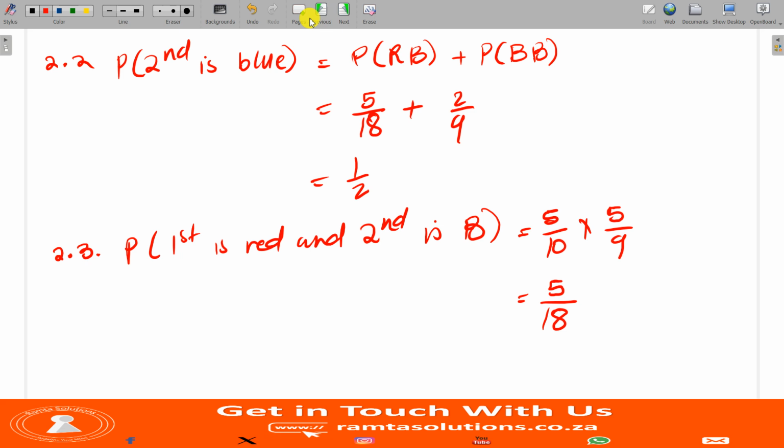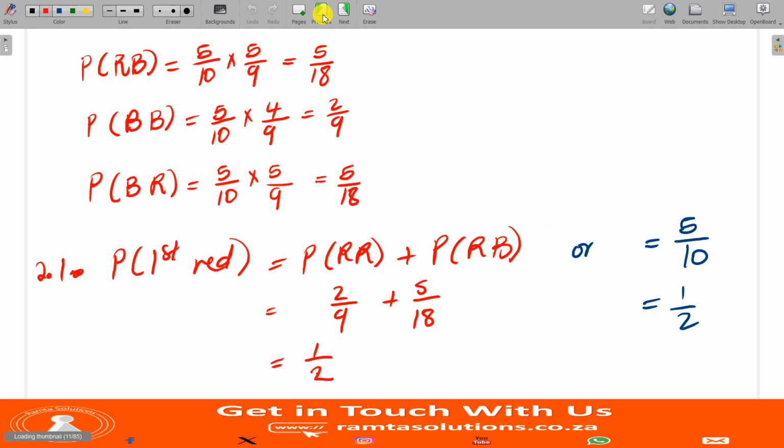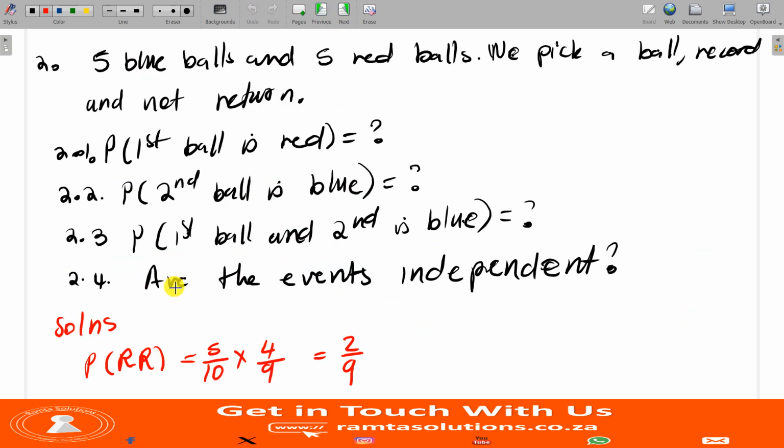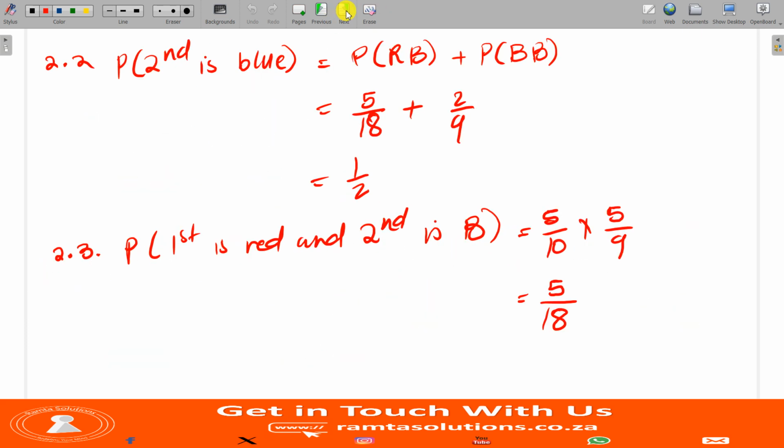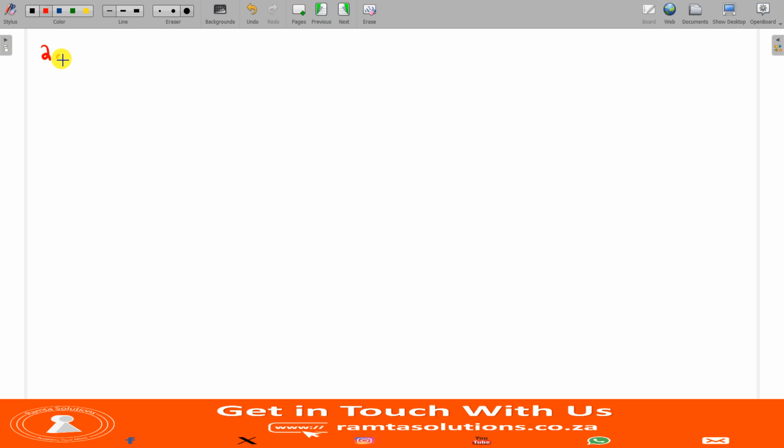All right? The last question said we must show if the events are independent. So let's go. 2.4, we will say, what is the probability of first red times probability of blue second? All right, what is it?